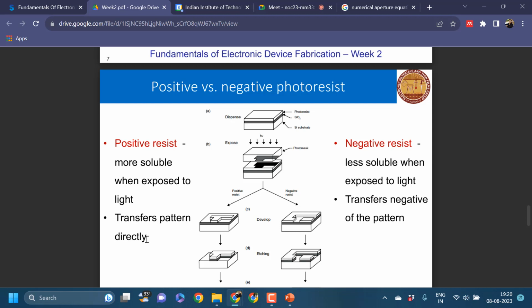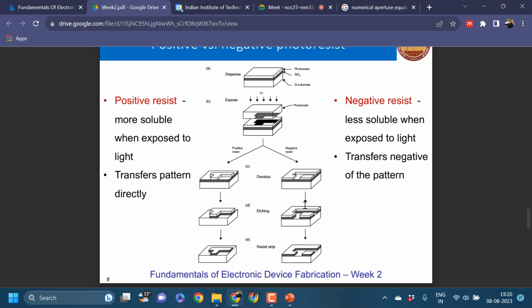That is why it transfers the pattern directly. But in negative photoresist, that portion becomes insoluble, and whatever was there around it becomes soluble.